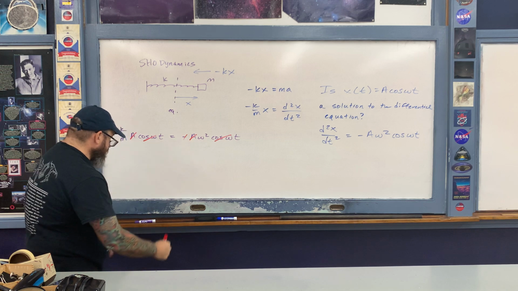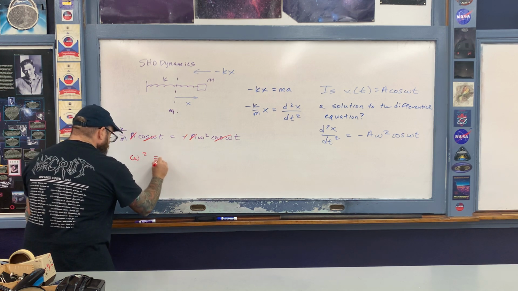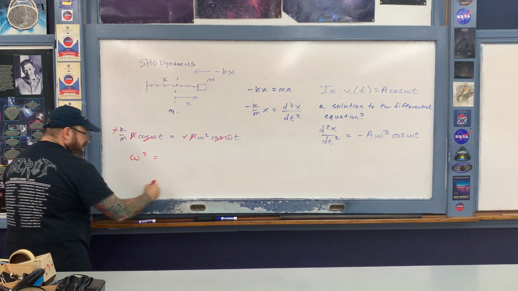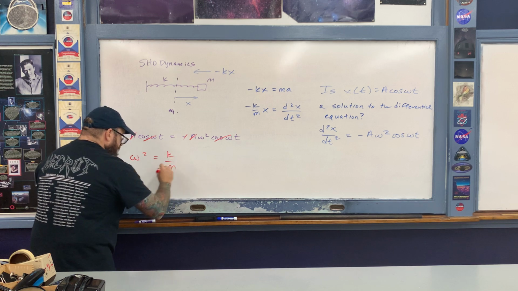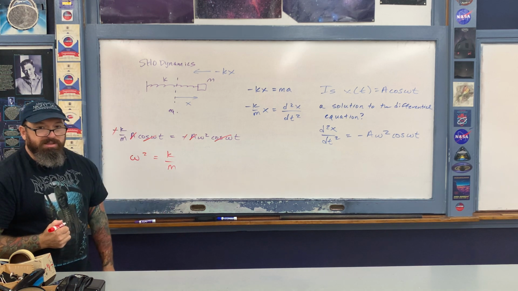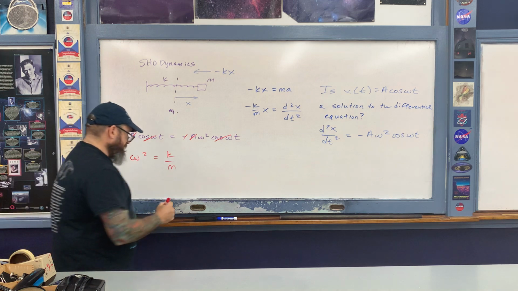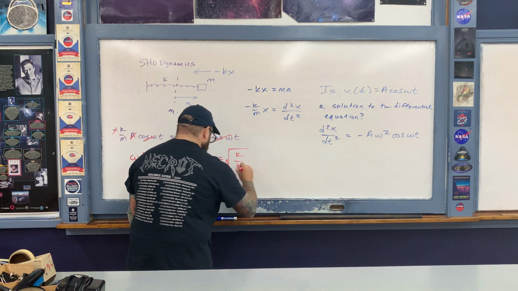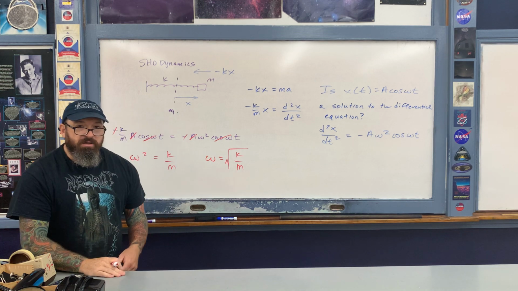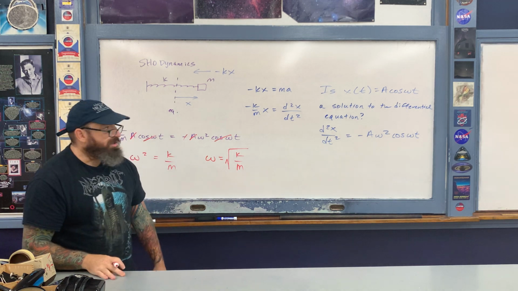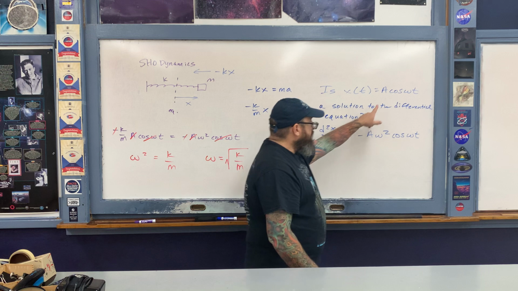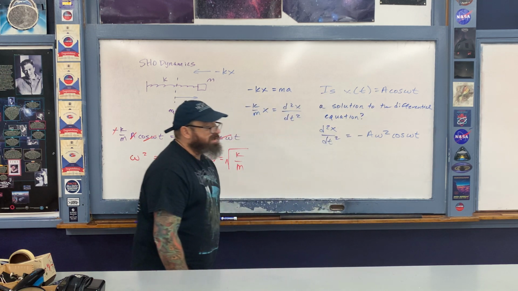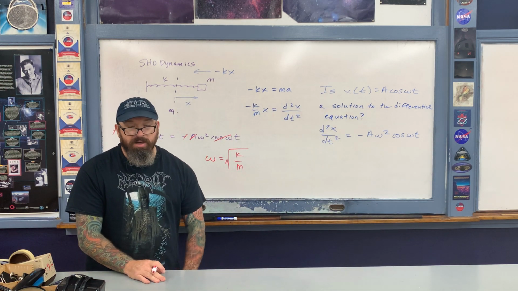Right here is an omega squared. And this then equals, over here on the other side of the expression, k over m. The last step is now just to take the square root of both sides, like so. What we have done here is we have solved the differential equation. We have in fact shown that our position equation from earlier is a solution to this differential equation.